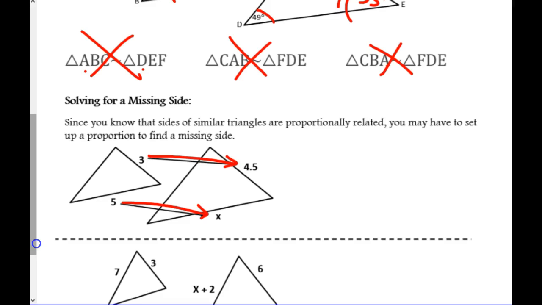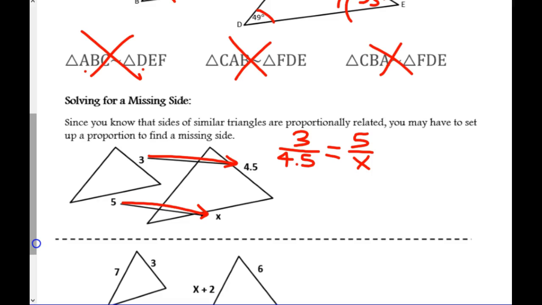3 corresponds with 4.5, so I'm going to do 3 over 4.5 equals, and then what do I write for the other fraction? 5 over x, right? Now, once you have that, what are we going to do with these two fractions?